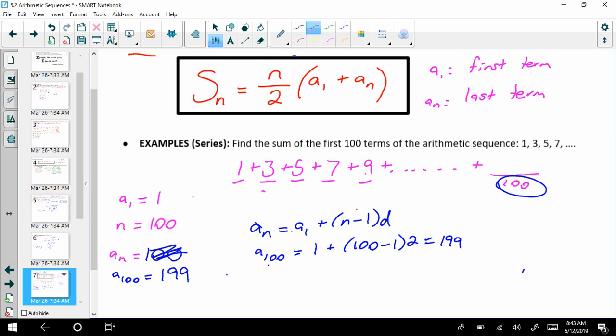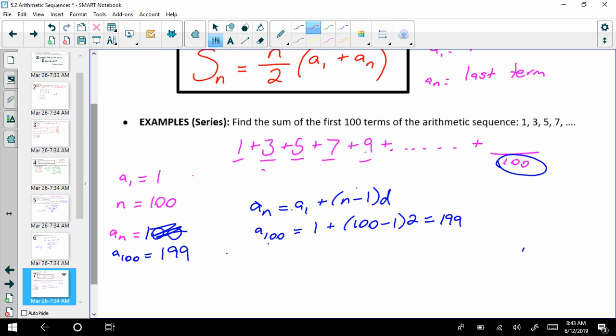So now, finally, we'll end the problem and actually use the sum formula. So the sum of our 100 numbers, so 100 over 2, and then a sub 1 is 1, and my a sub n, which is the 100th term, we said was 199.